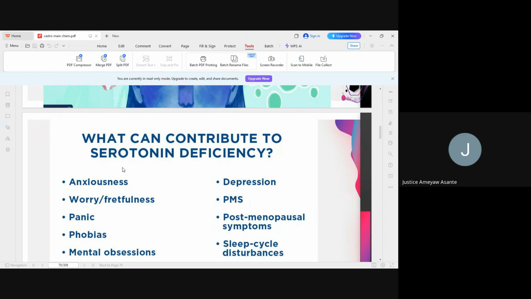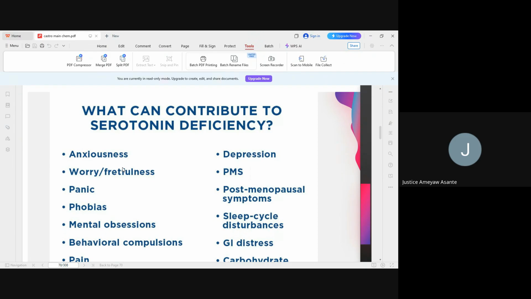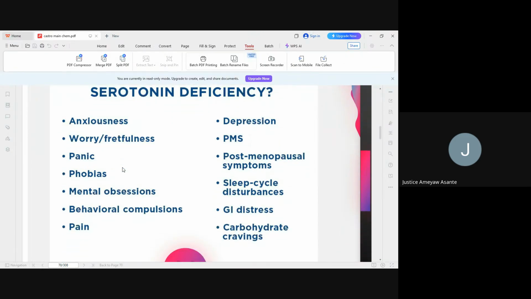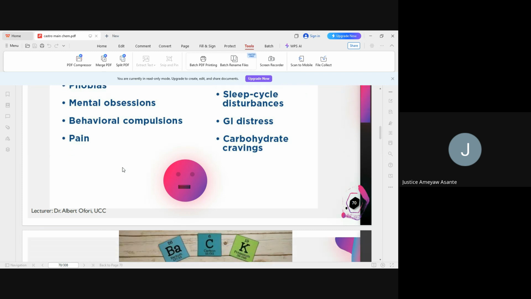When you become so worried, panic, phobia, mental obsessions, depression, a lot of them, pain, sleep cycle disturbances, all these things will affect it, and you need to have a chemical that will manage it for you.